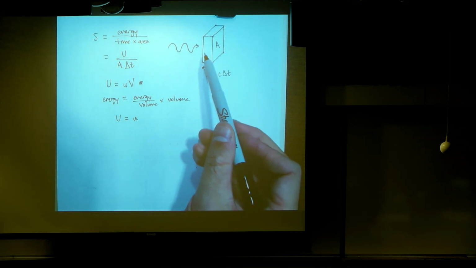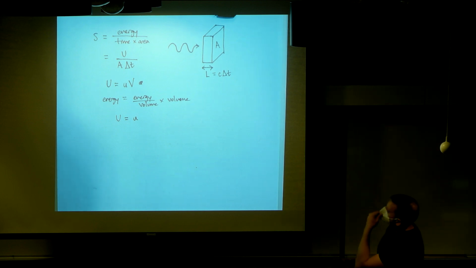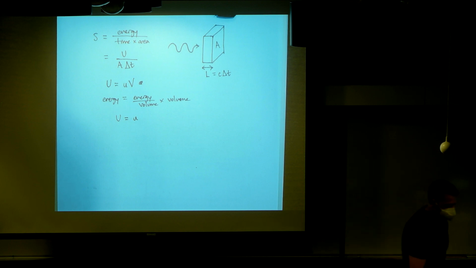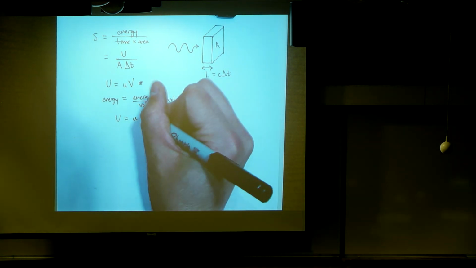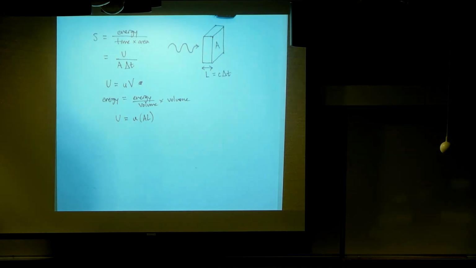But looking at this picture here, what can I say the volume is equivalent to? What is the volume of that little, basically, space that I've constructed here? Yeah, it's just A times L, right? So if I take my energy density times A times L, that should be the total energy.